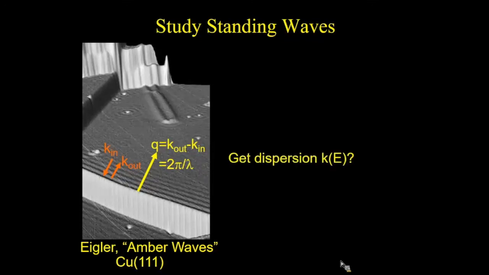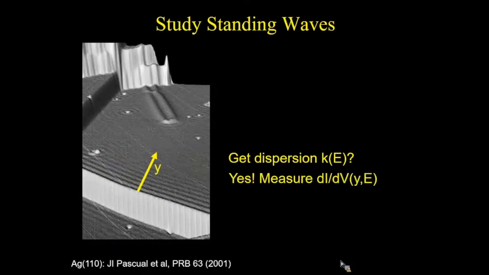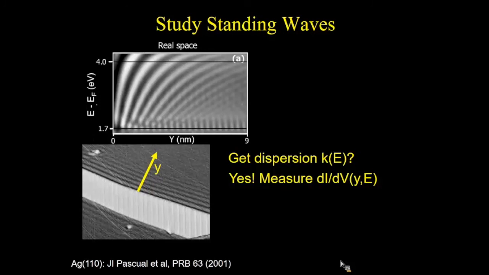So the question is, can you get dispersion information, so the energy dependence of this, from images like this? And the answer is yes. If you measure the differential conductance for fixed energy as a function of position, and then you change the energies, you can find out at each energy what the wave vector is. An example of this is done by Pascal's group.